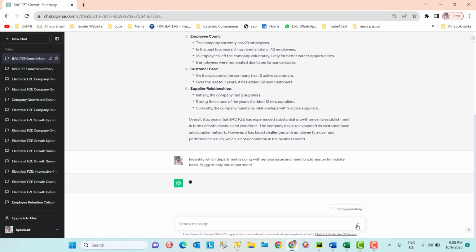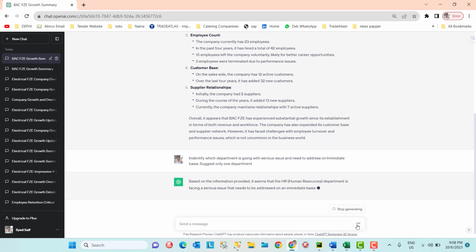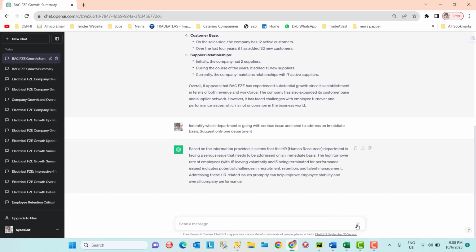Now see what reply comes. Based on the information provided, it seems the HR, human resource department, is facing a serious issue that needs to be addressed immediately. The high turnover is the problem.